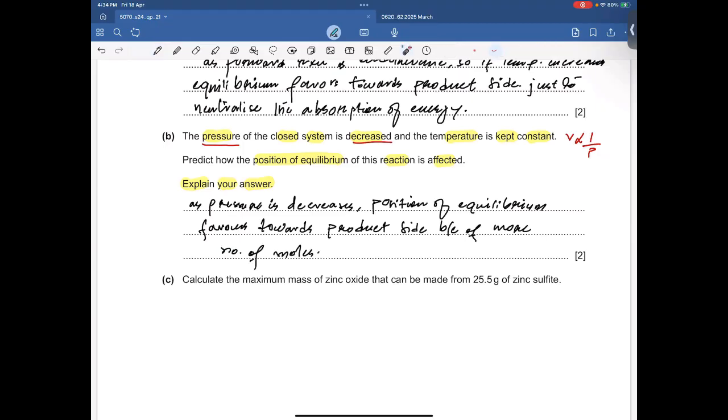Okay, look, if we have more number of moles, then it means we have more volume. So when you decrease the pressure, volume technically increases, which is why we can say I can apply Boyle's law here.